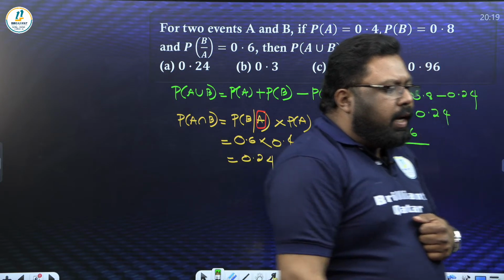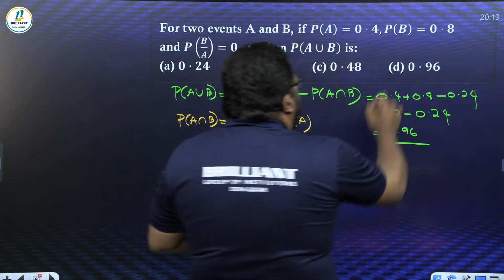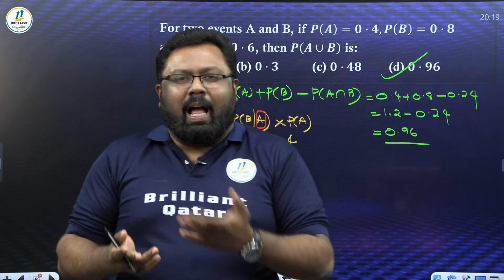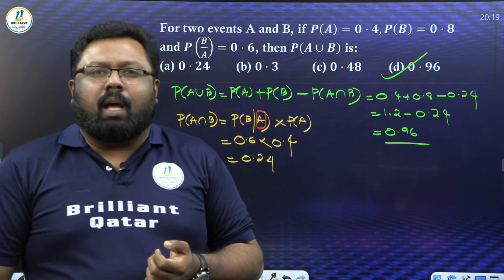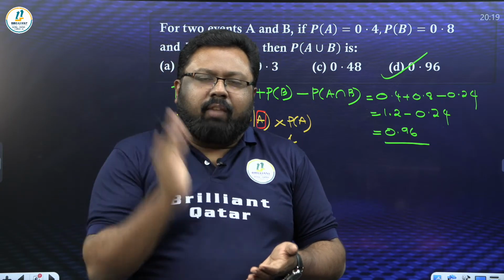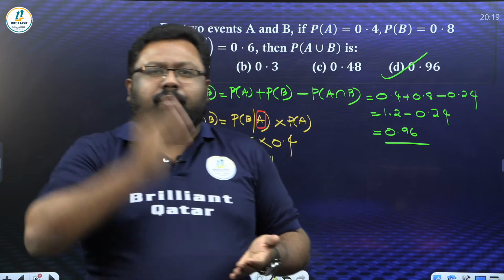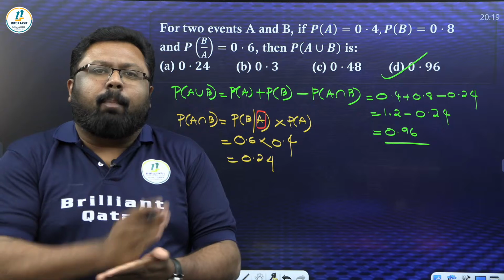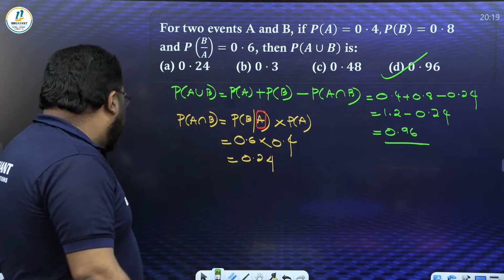Ruben, Ethriel, Hanna, Hridya, right answer 0.96. See, calculation mistakes are only going to happen in these kinds of questions in the exam. That you must avoid. But the formulas, very clearly I'm saying, the formulas of 11th standard and 12th standard must be thorough. The formulas especially related to A intersection B.